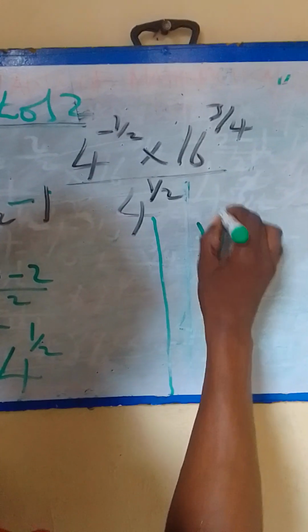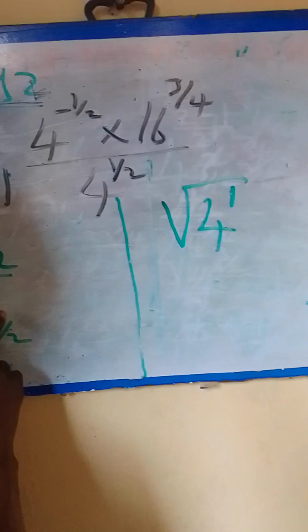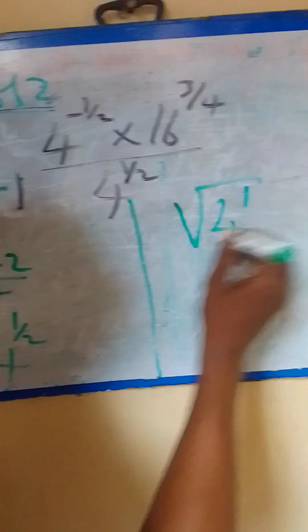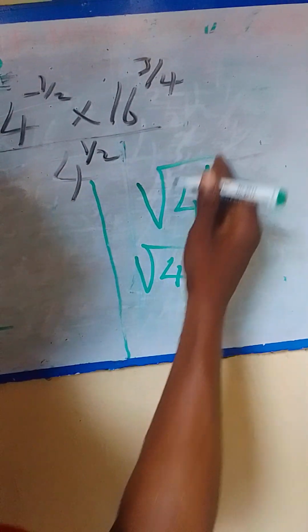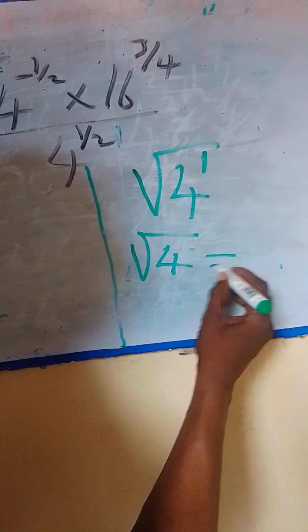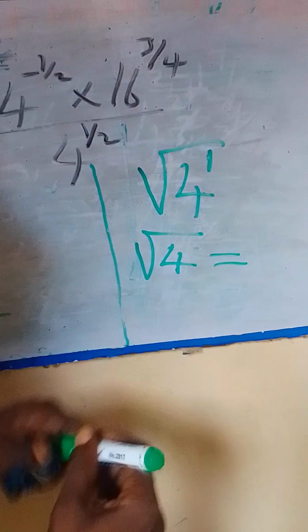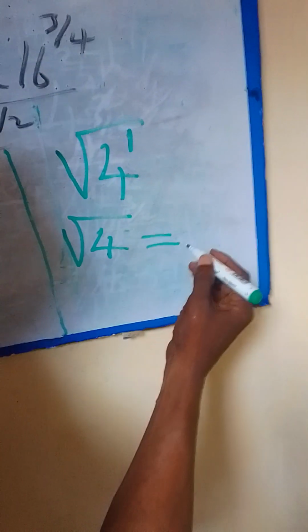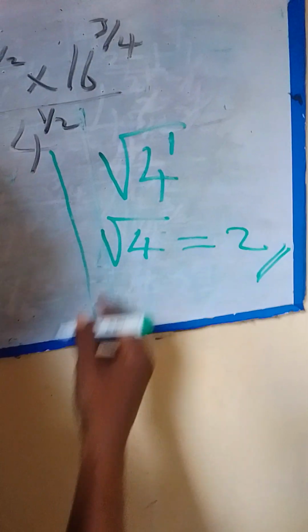It becomes square root of 4 raised to the power of the numerator here, which is 1. And anything raised to power 1 is itself. So the square root of 4, you look for a number that when you multiply that number 2 times, since it is square root, will give you 4. And we know that 2 is a number. So 2 times 2 will give us 4. So 2 now is the square root of 4.